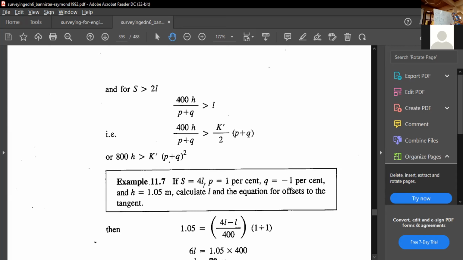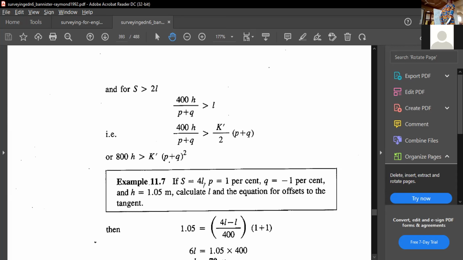So we have 3L. We have this one on the other side. You understand? Make L the same. Is that S is equal to 4L? And is that 3L is equal to X minus 100?